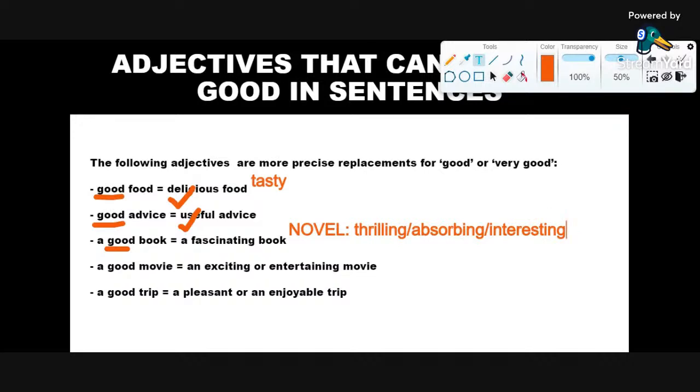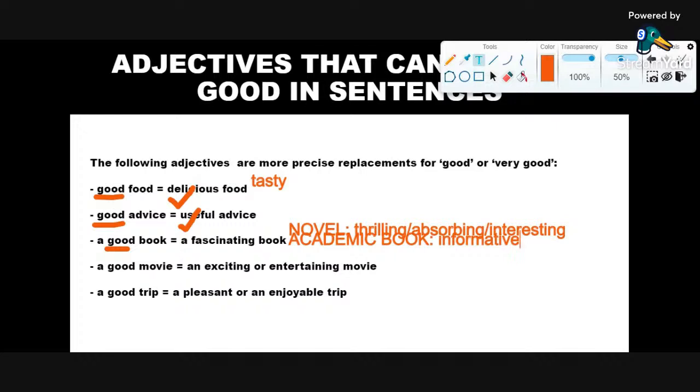All right? Now, what if you are describing a different type of book, such as an academic book? Sometimes you may rather be talking of how informative the book is. Informative. Okay, that could be the more precise description for an academic book. So the word good can become vague in meaning. It can pose some ambiguities.